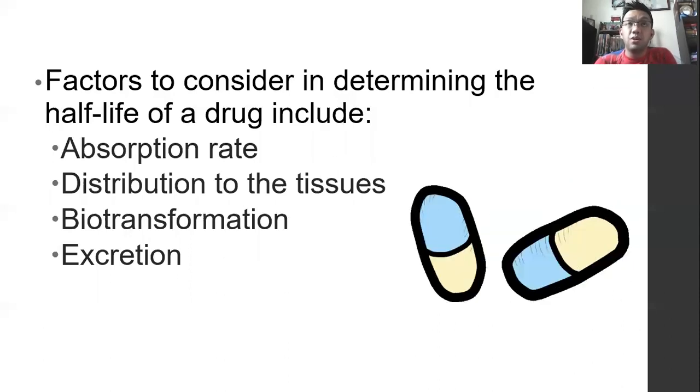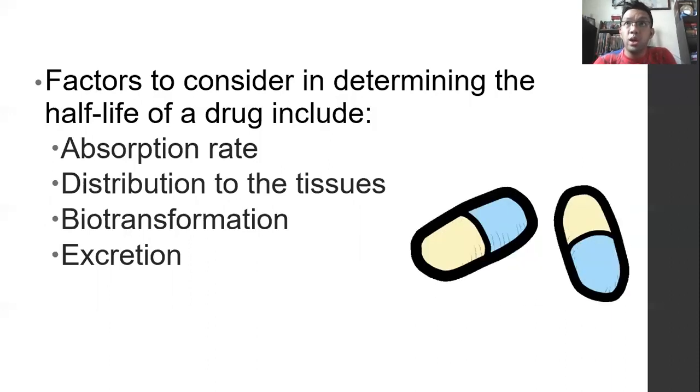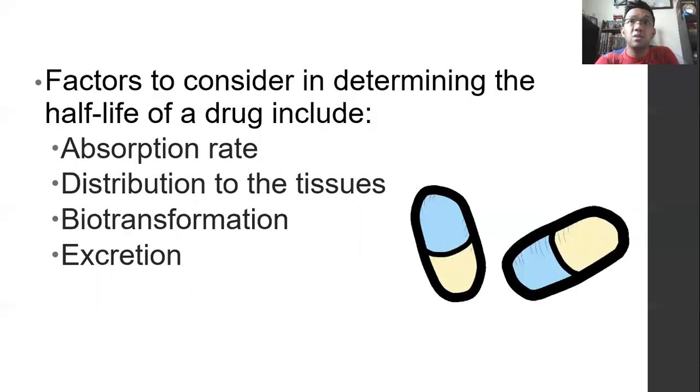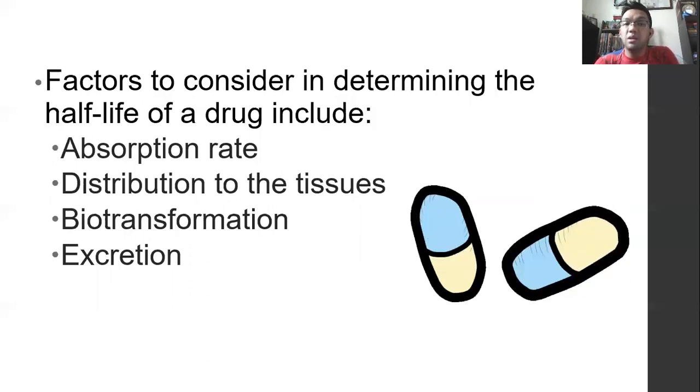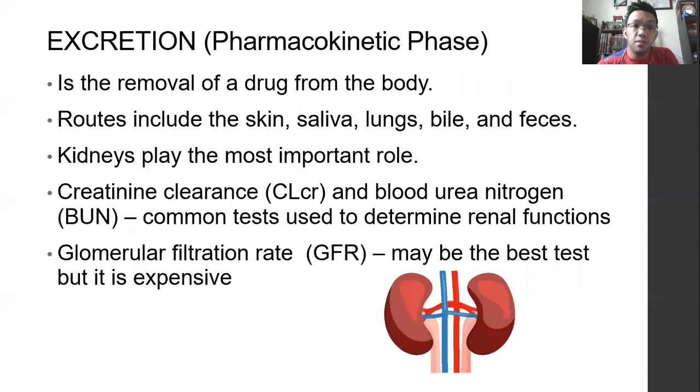The dosage of the drug is going to be adjusted by the patient's physician according to the disease that the patient may have. Like for example, if the patient has hepatitis, or liver cirrhosis, or, let's say, chronic renal failure, they need to take the drug dosage into consideration when prescribing drugs to patients.